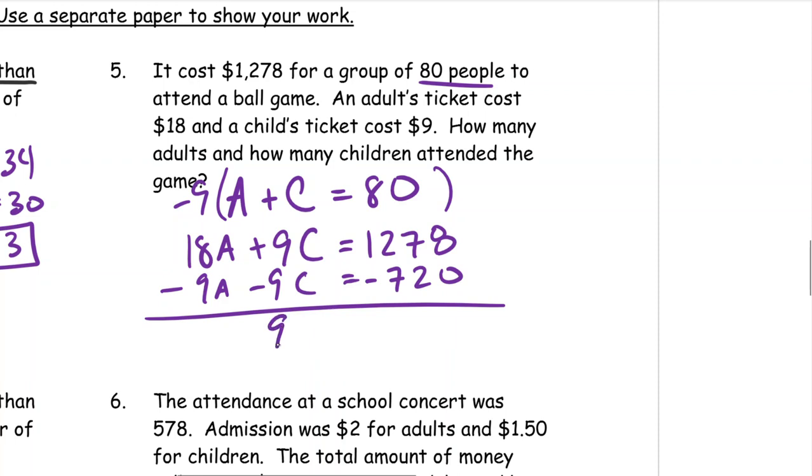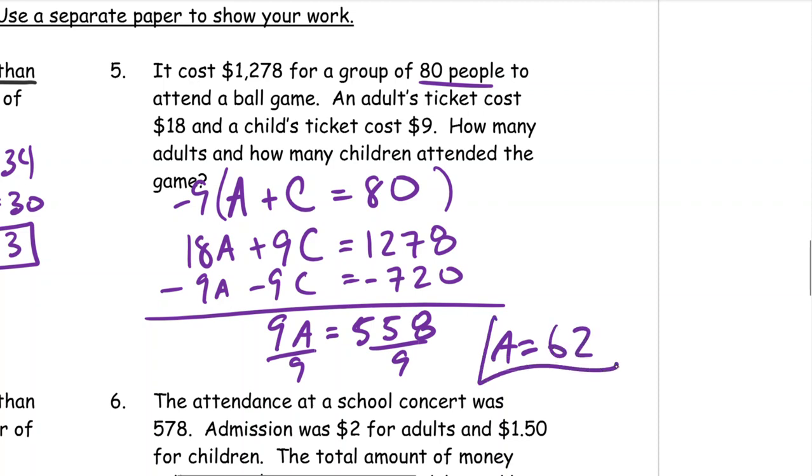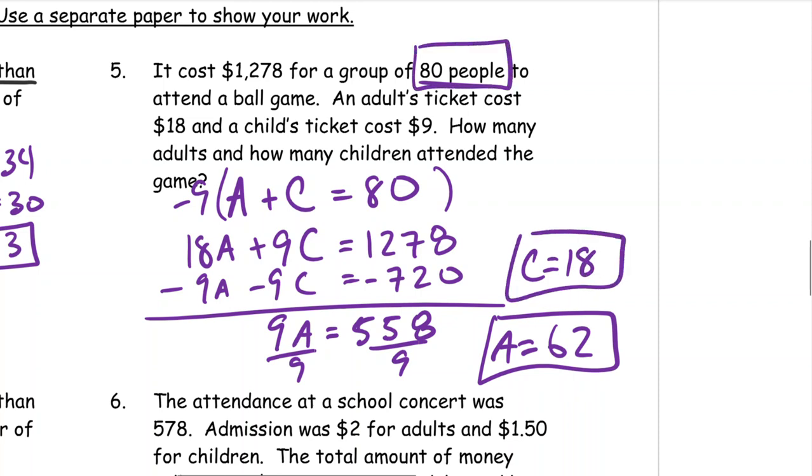So this would make 9a equal 1278 minus 720, which is 558, divided by 9. So 62 adults. So if 62 adults went, then that means 18 children went, because we needed to add to 80 people.